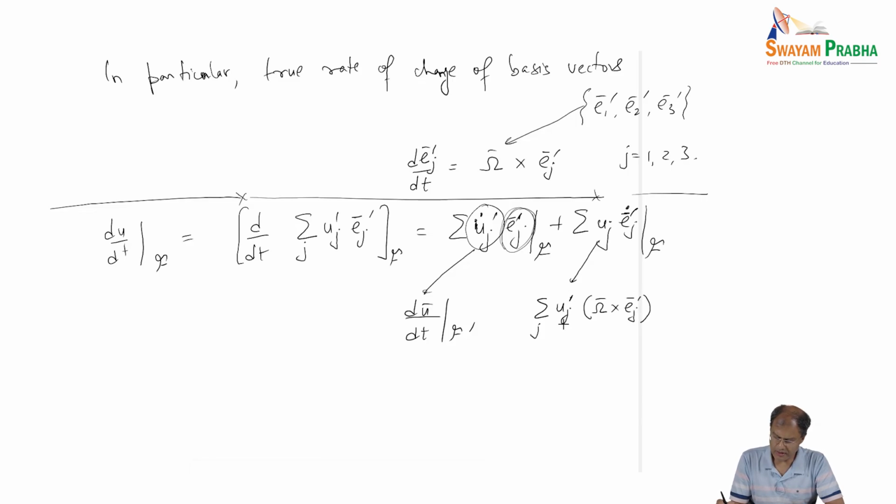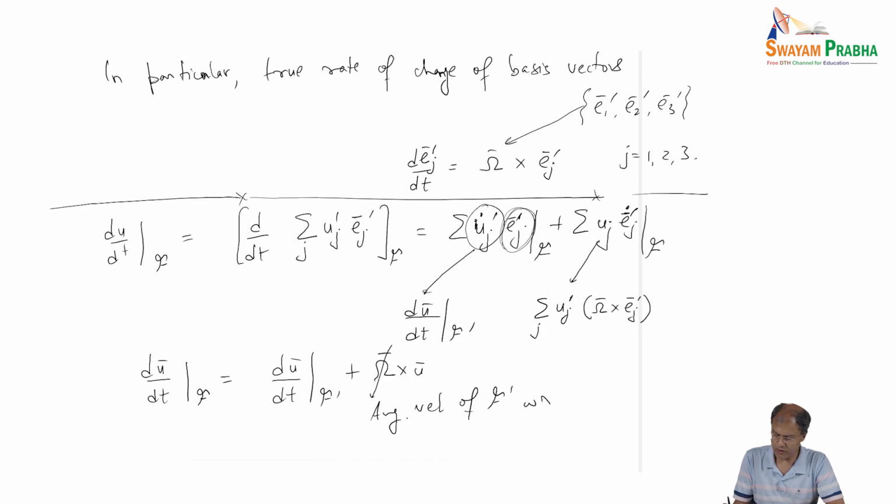So then the relation becomes that du/dt at f is du/dt at f prime plus omega cross u, right? And our angular velocity omega is the angular velocity of the frame f prime with respect to f. So this is the vector relation.